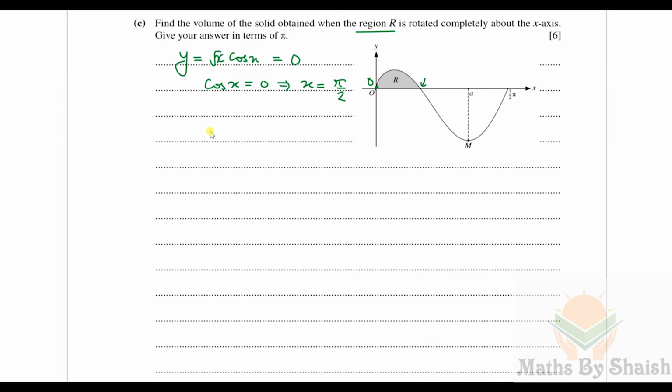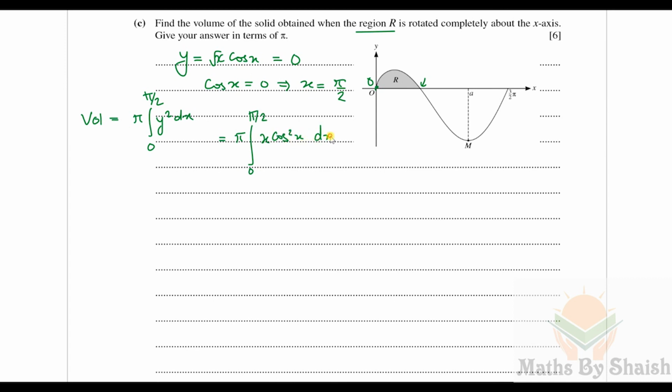Now we need to find the volume. So the volume would be pi integral from 0 to pi by 2 of y square dx, and if y is equal to root x cos x, then y square gives pi, 0 to pi by 2, x cos square x dx.